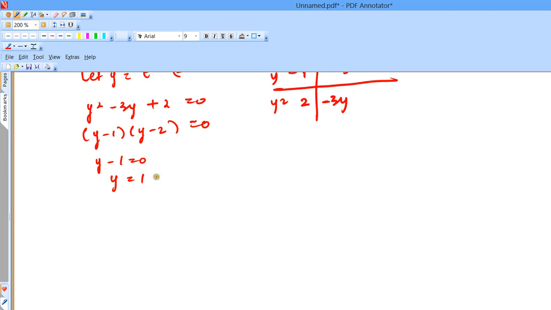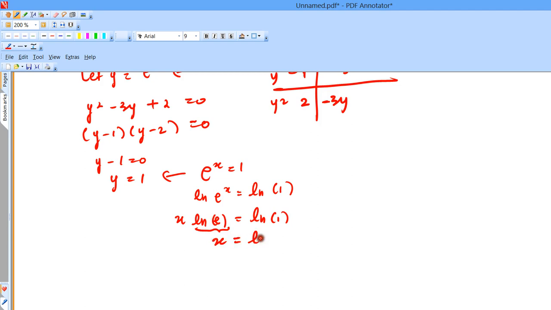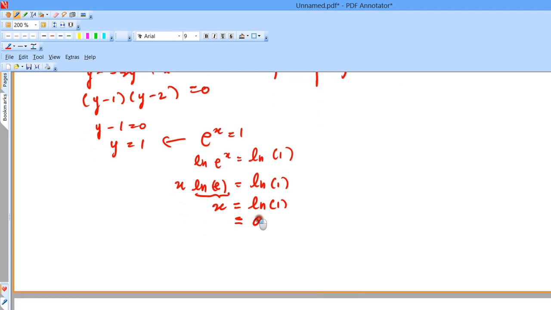For e power of x equal to 1, we can apply ln on both sides. So we get ln e power of x equal to ln 1, and based on properties we can bring down the power. So x ln e equal to ln 1. ln e actually equals 1, so x equals ln 1, and ln 1 actually equals 0, so x equals 0.